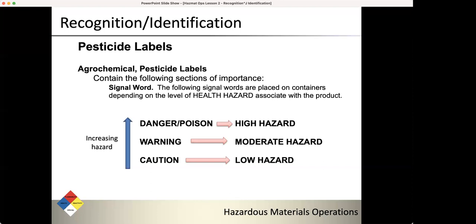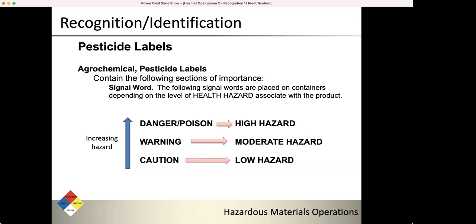Then we come to pesticide labels, another specific label. They'll have a signal word that will indicate how much of a health hazard is associated with the product. So you'll need to know which order is the worst. So we're going to start at the bottom and work our way up.